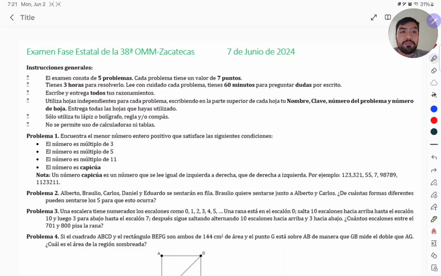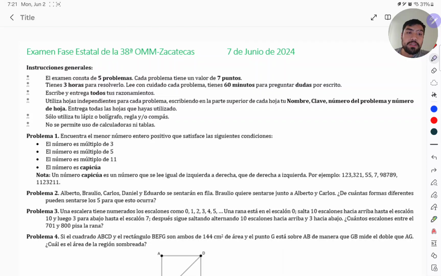This is provided by the University of Zacatecas in their organization of the Math Olympiad, and they created this problem set, which is designed for students who are supposed to solve this exam in 2-3 hours.